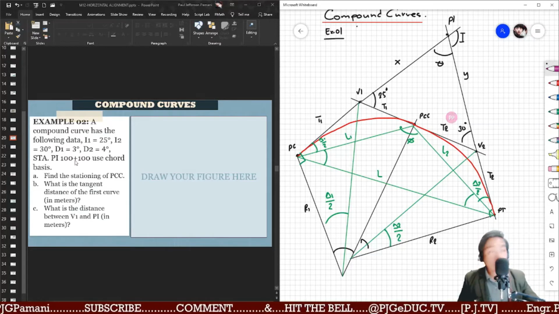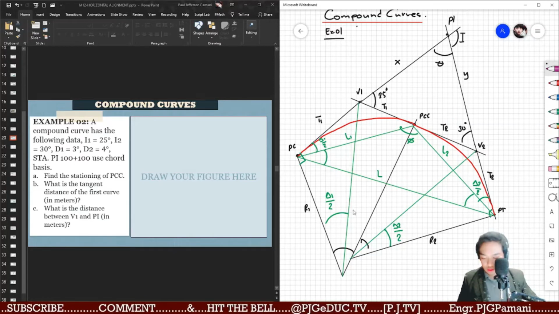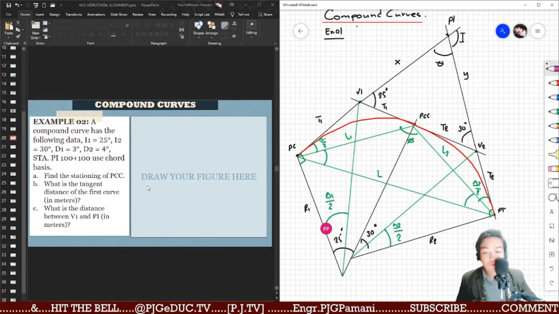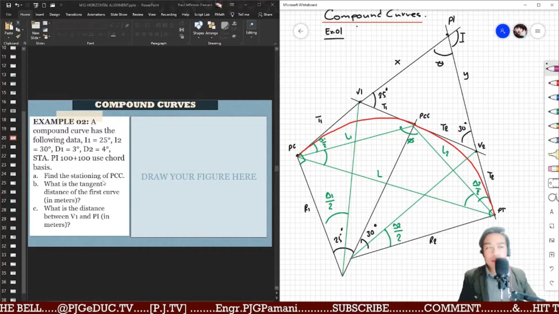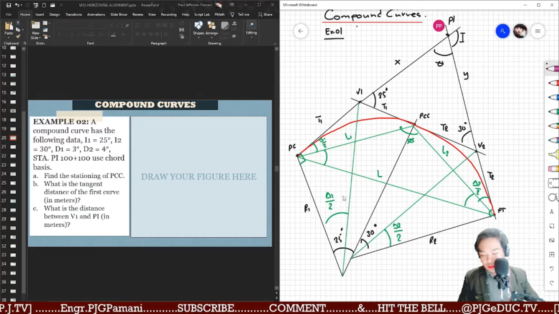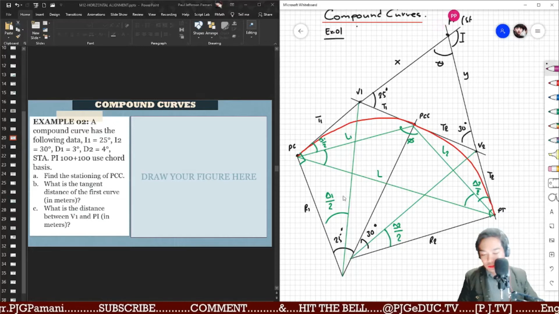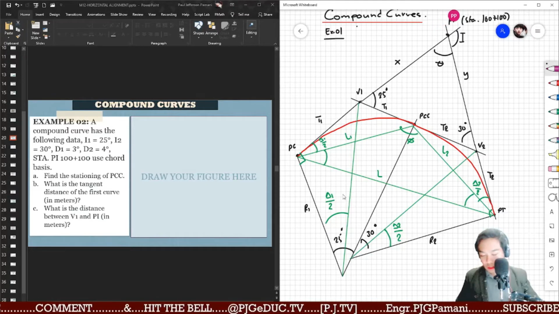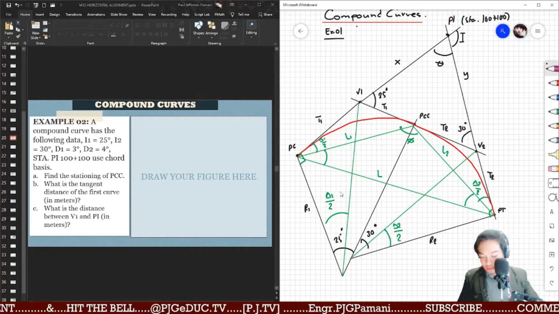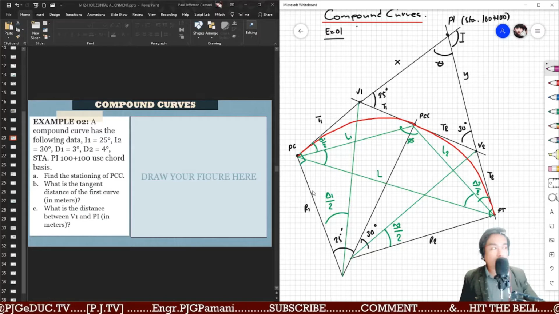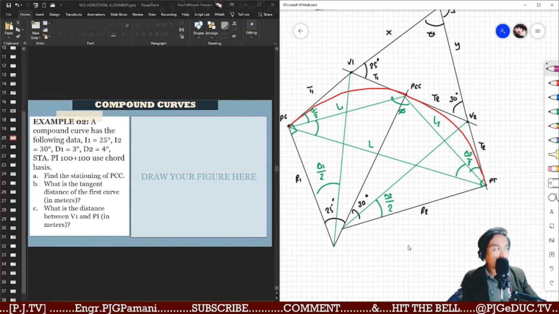So this is our 25 and 30 degrees. Given in our problem, the station of PI is station 100 plus 100. Then, given also the degree of curve for the first curve as well as the second curve.